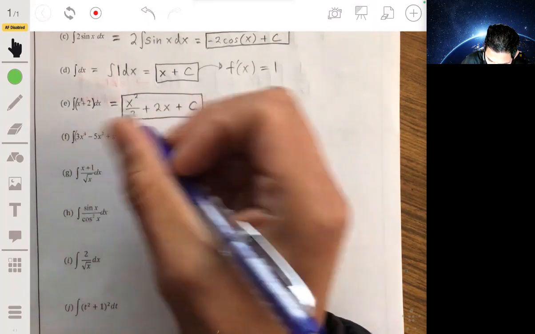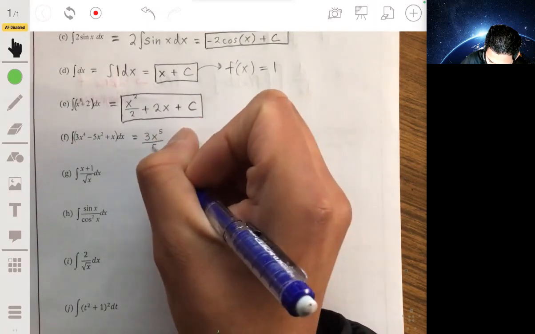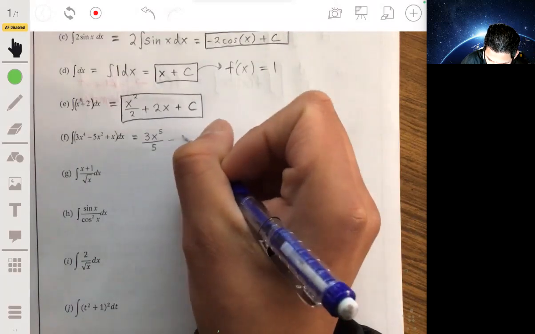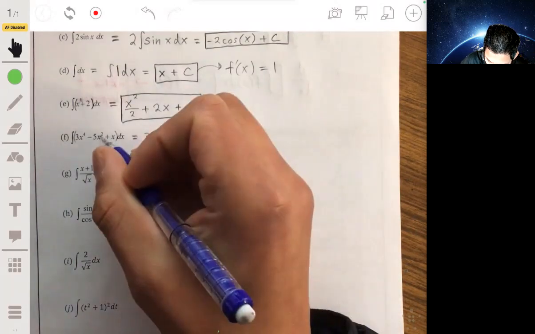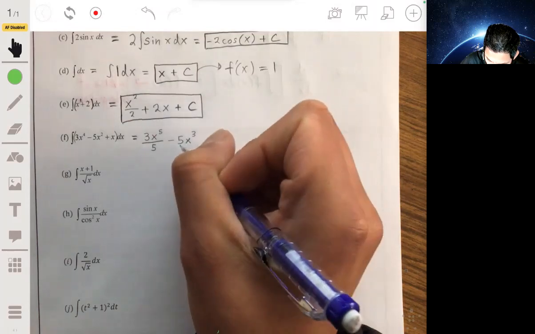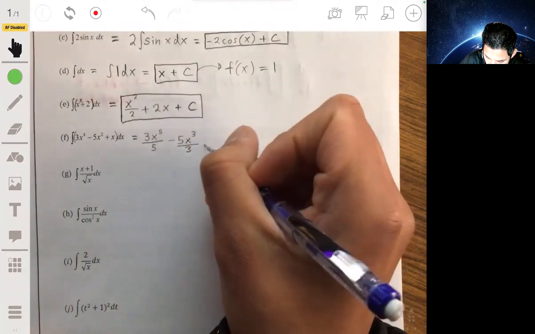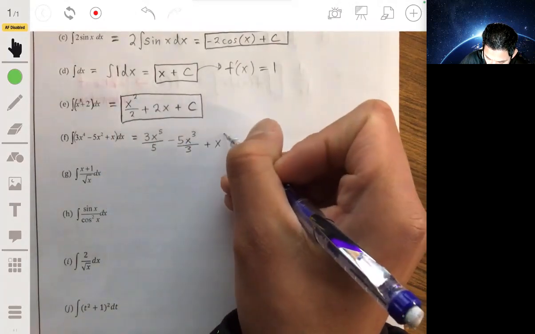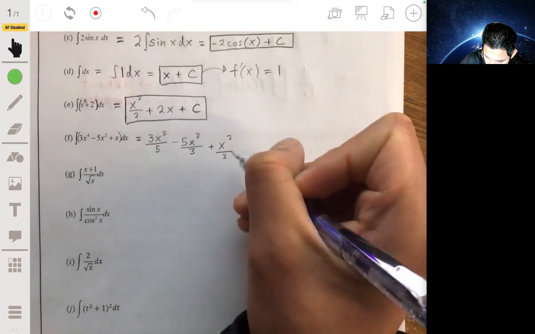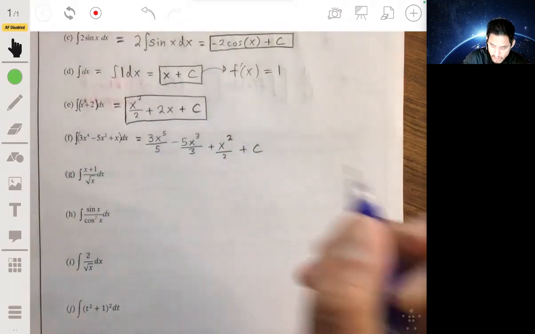So we add 1 to the power, so 3x to the fifth, and divide that by 5. Minus 5x to the second, add 1 to the power, so 5x to the third, and divide by 3, plus x to the 1, so add 1 to the power, x to the 2, divided by 2, plus your constant c.